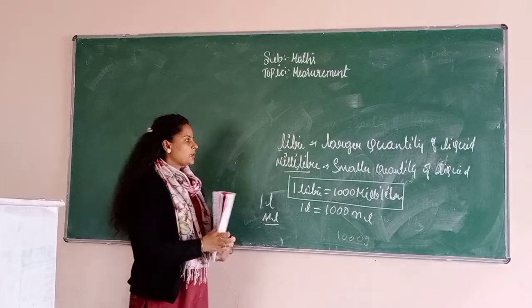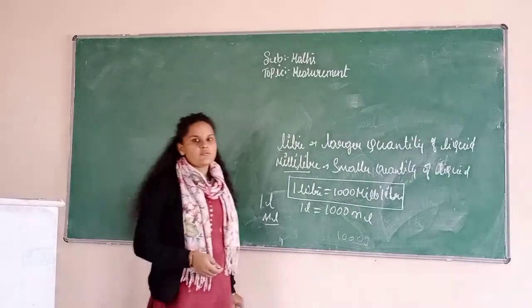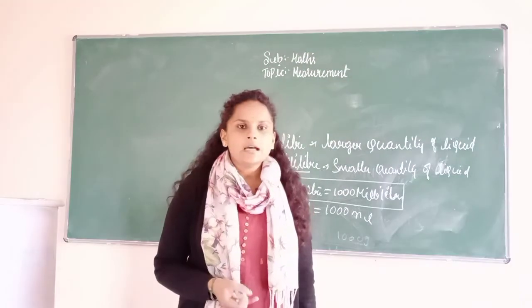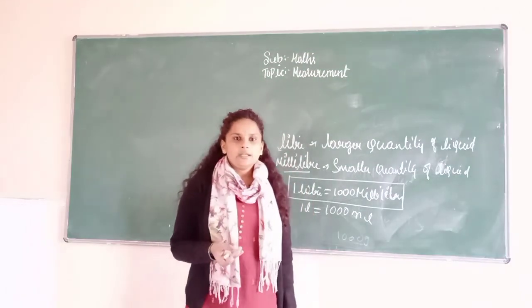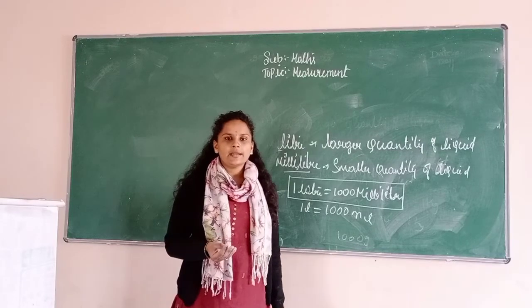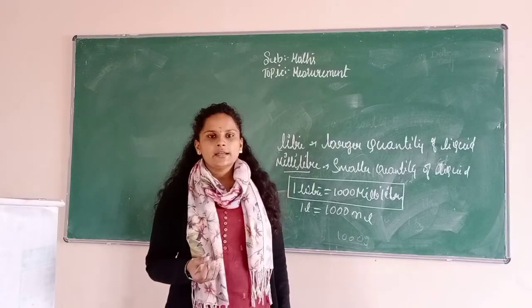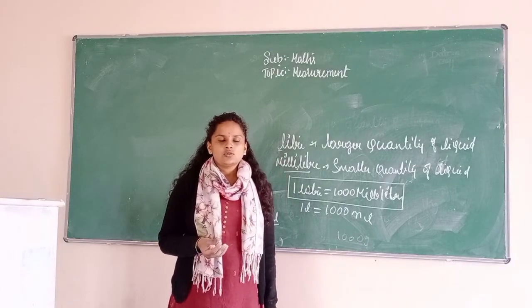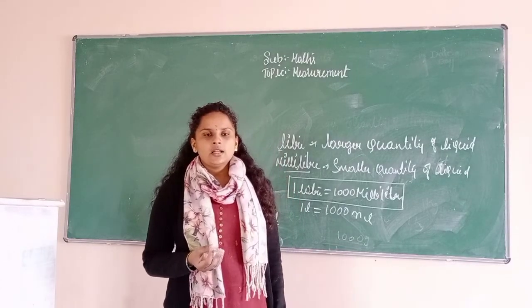So what we have learned today: the measurement of length. The units of length are kilometer, meter, and centimeter. The units of mass, or weight, are kilogram and gram. Kilogram is to measure the heavier object. Gram is used to weigh the lighter object.